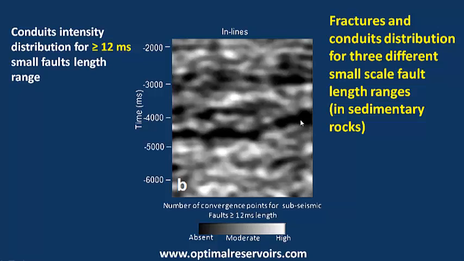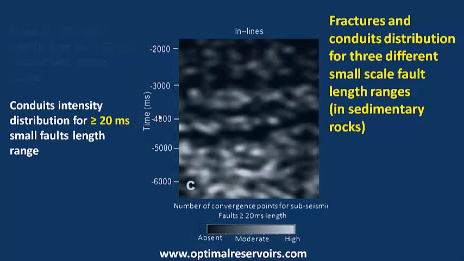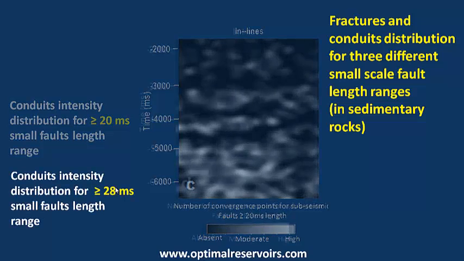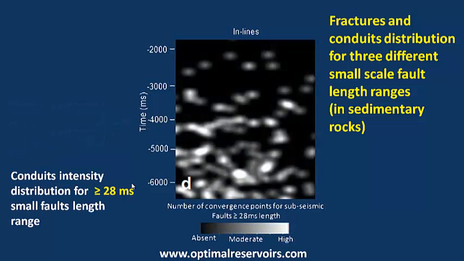It's very crowded, but the black means there is no fracture whatsoever. Then larger or equal to 20 milliseconds, that's the output, and the larger one is larger than or equal to 28 milliseconds. That zone is in a reservoir rock itself.